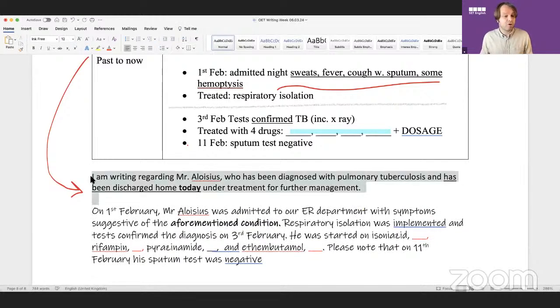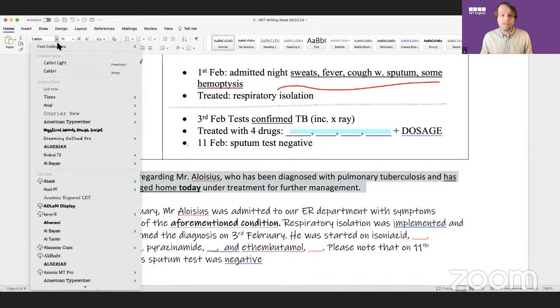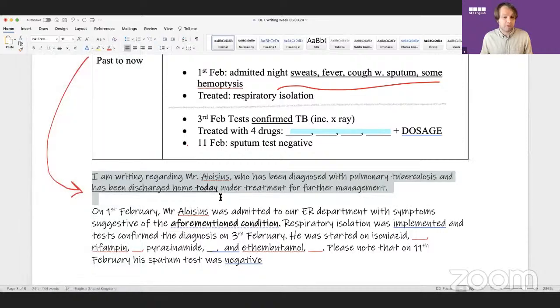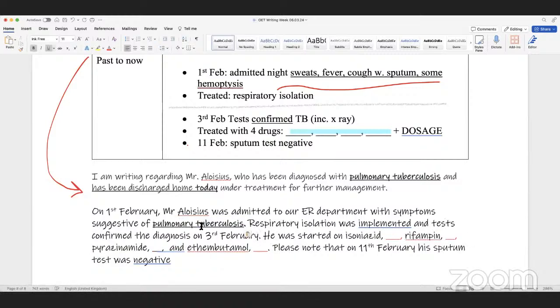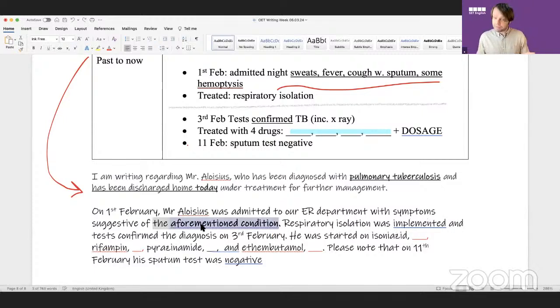If this is my introduction, just an example, and I say pulmonary tuberculosis here, should I repeat it again? No. It would be a bit stupid, right? Yeah, stupid. So if you're going to put the diagnosis here, then you can say aforementioned condition.